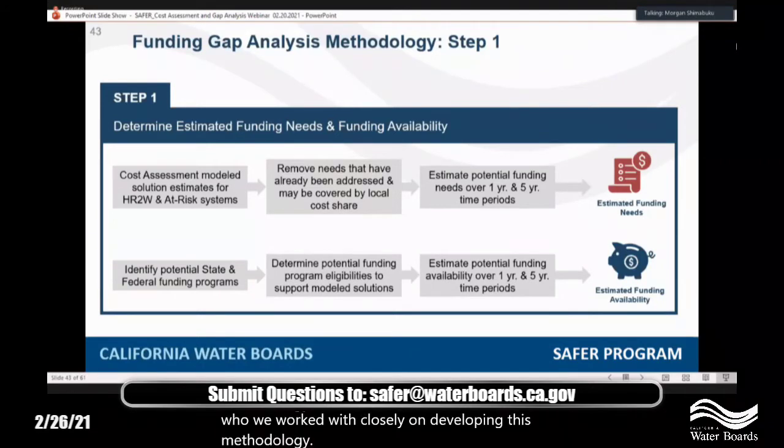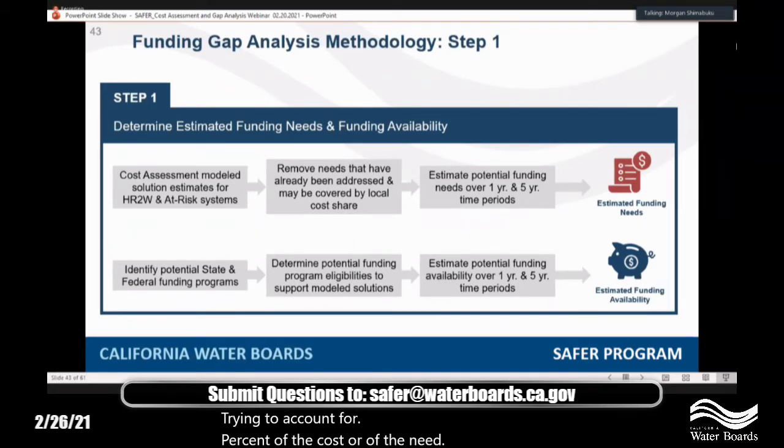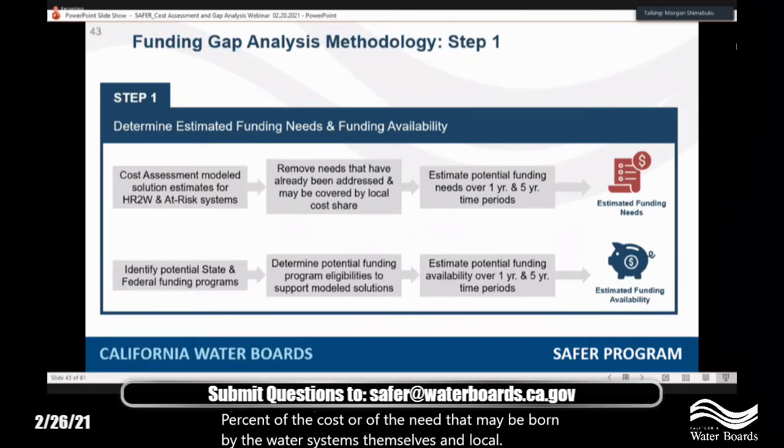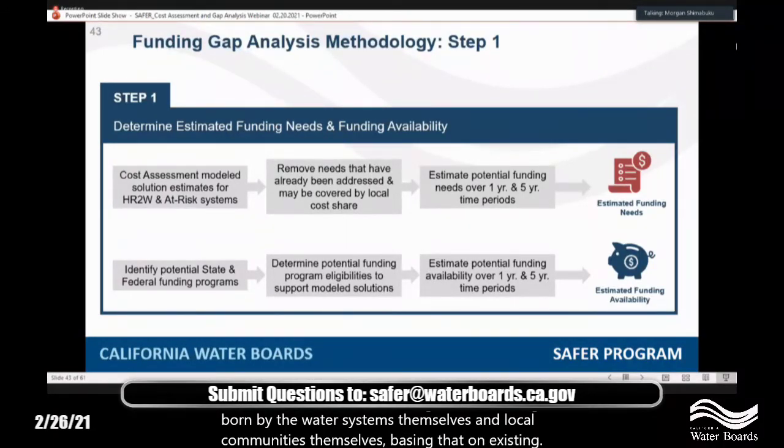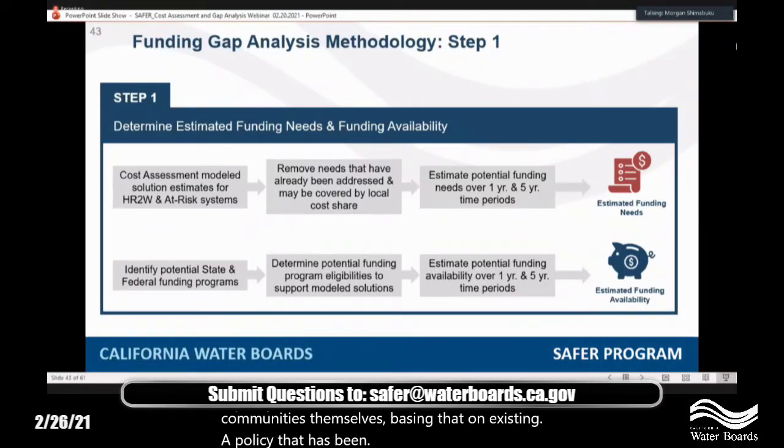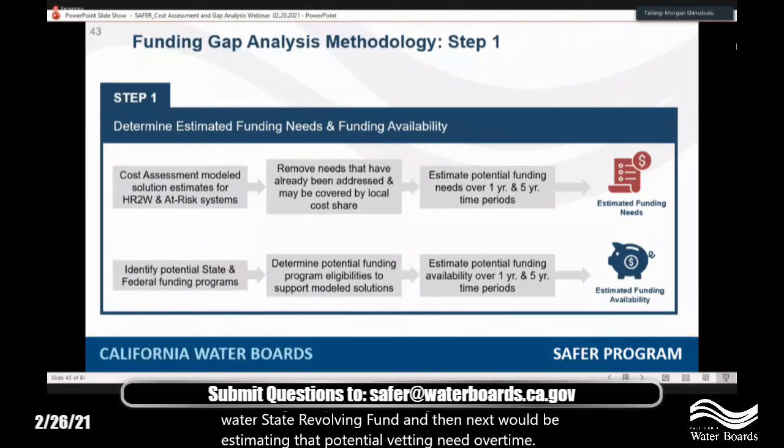And also we are trying to account for a percent of the need that may be borne by the water systems themselves and local communities themselves, basing that on existing policy that has been presented in the Drinking Water State Revolving Fund. And then next would be estimating that potential funding need over time, spreading it over 1 to 5 years.